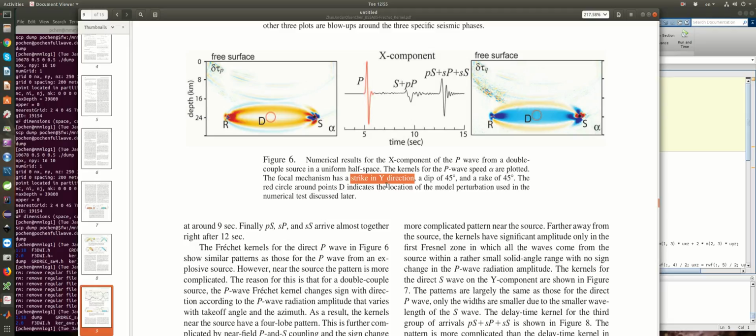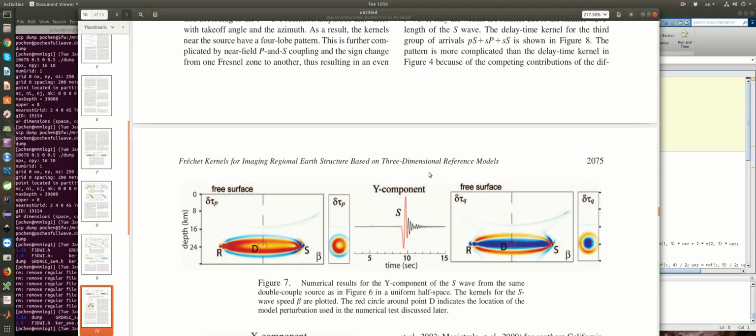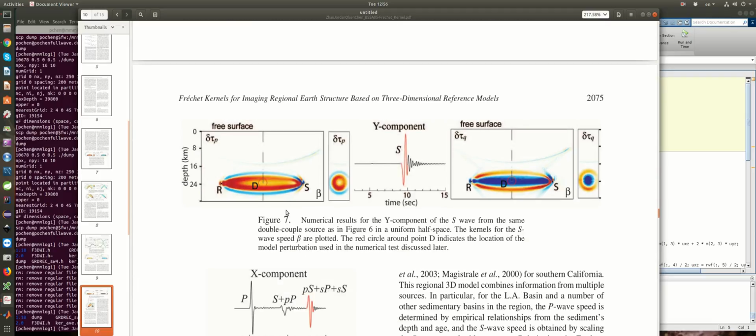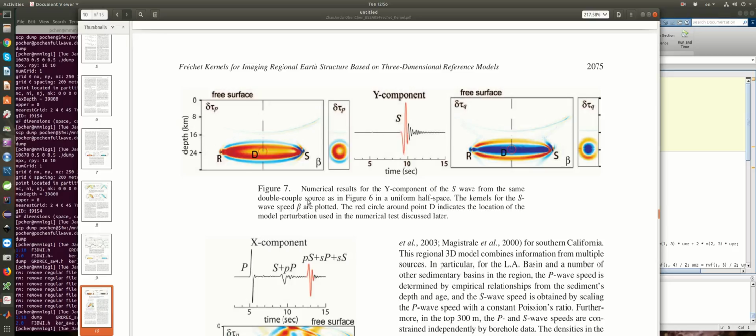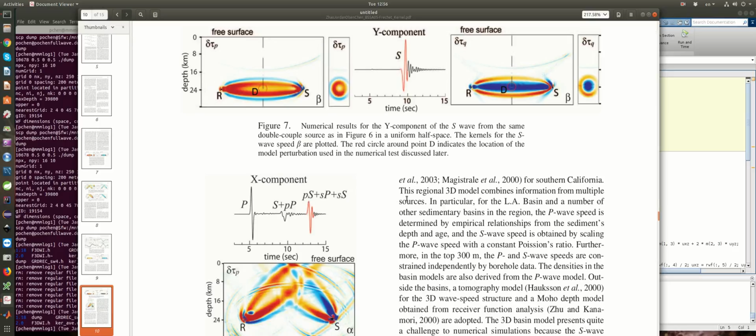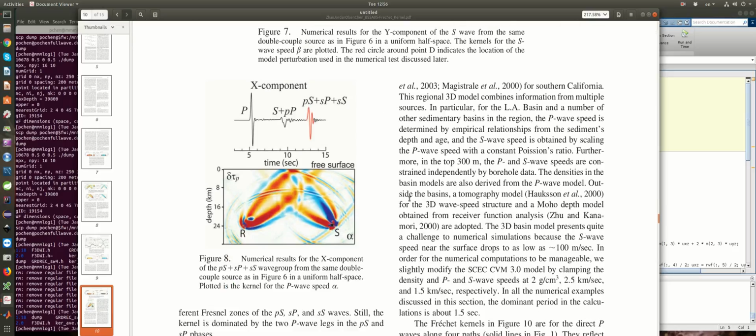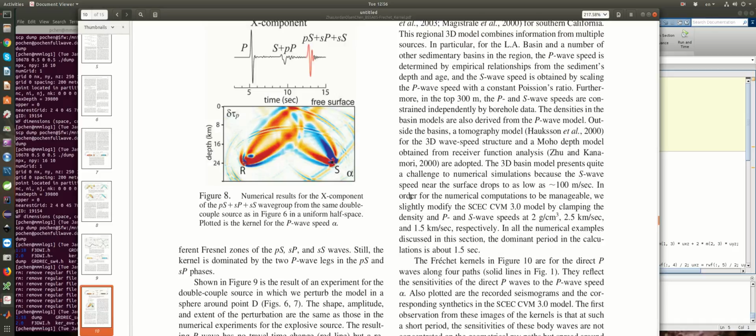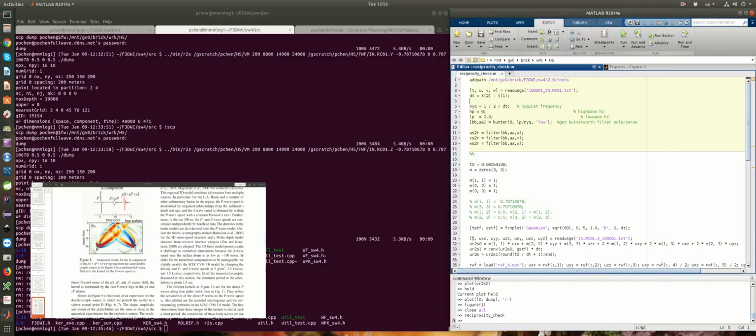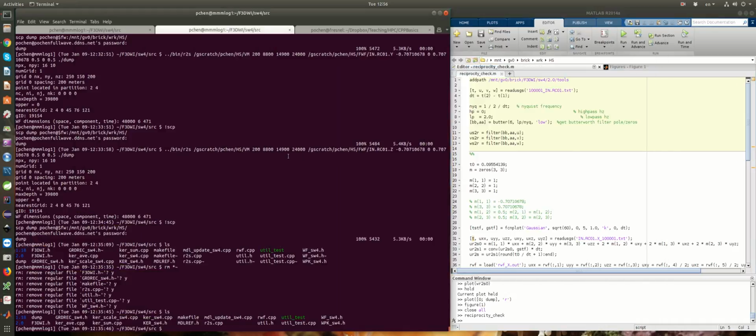So the strike is supposed to be 0 degrees, with a dip of 45 degrees and a rake of 45 degrees. So strike, dip, rake is 0, 45, 45, right? That's changing the focal mechanism from an explosive source to a double couple moment source, right? So that's going to be the geometric setup.